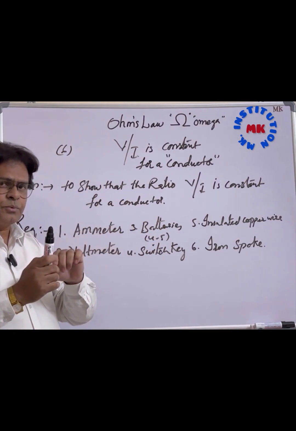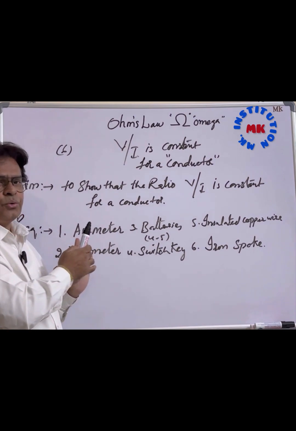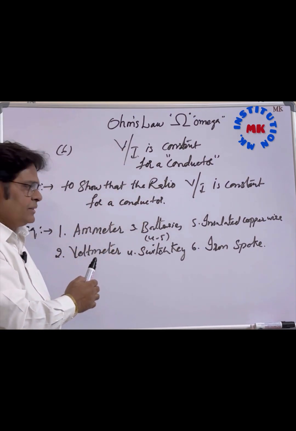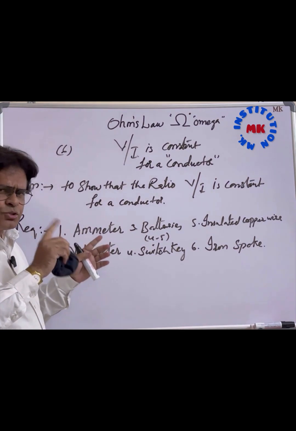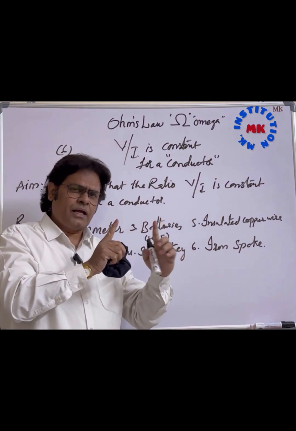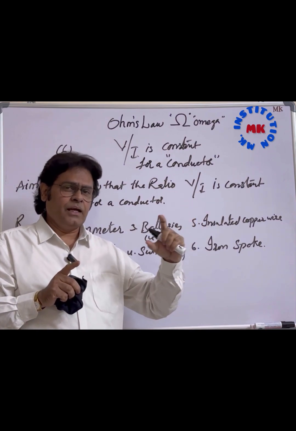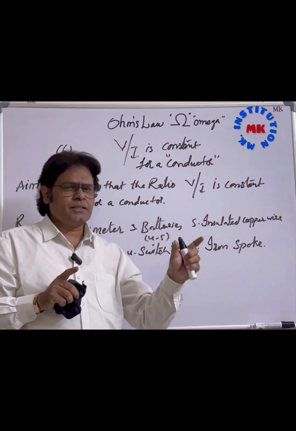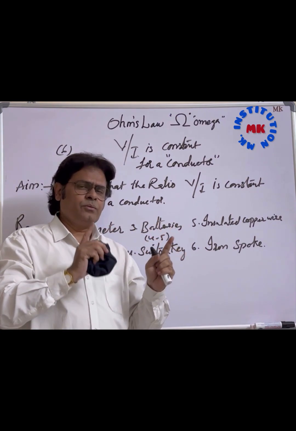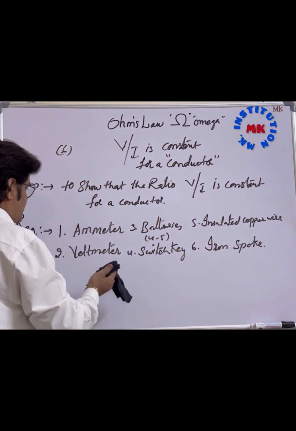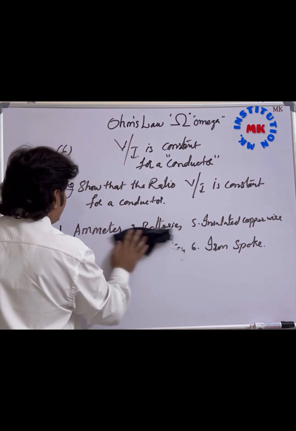Along with the diagram, I will show you how we will do this activity. Note this down, it is very important for the 6 marks. At the end of my video I have given the complete answer, and some little information about Ohm's law. Please see that also. It will be helpful for writing your answer. So these are the requirements.